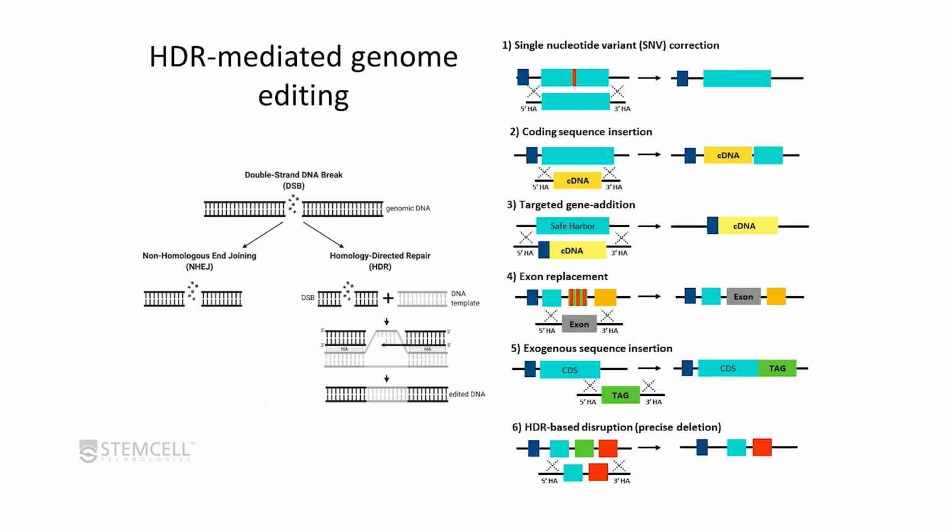HDR can be used to insert polypeptide sequences that are useful for a lot of reasons. In basic research, they're used for visualization, isolation, and localization, but depending on what types of sequences you're adding, that can actually have enhanced therapeutic effects. And HDR can also be used to make very precise deletions.